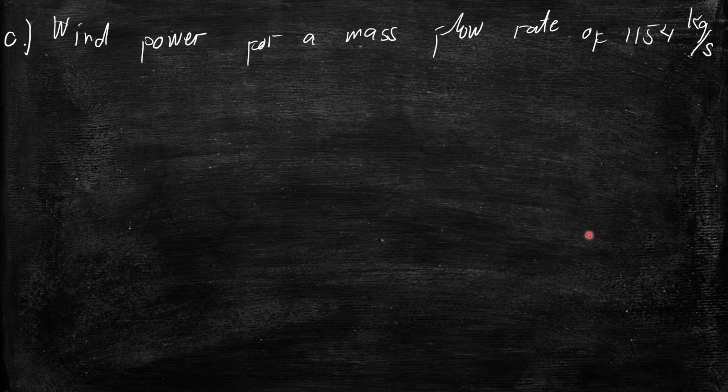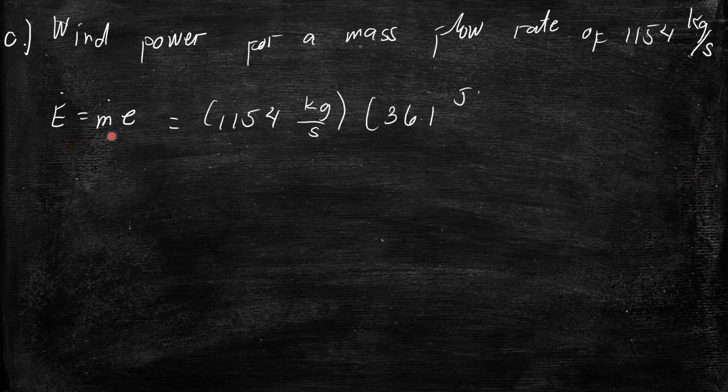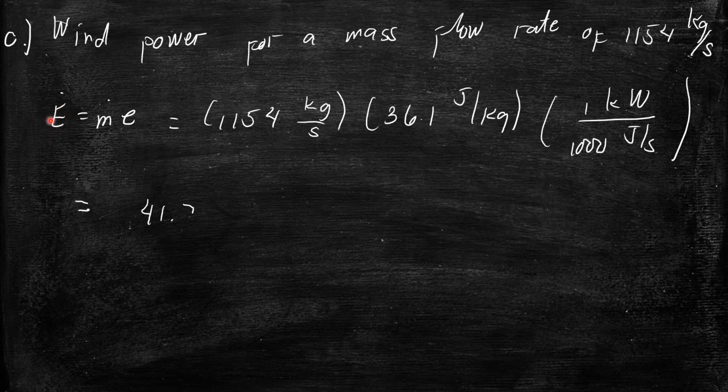For letter C, the wind power for a mass flow rate of 1,154 kilograms per second. So the formula is E dot is equal to m dot times e. So again, this is the energy flow rate, the mass flow rate, and the energy per unit mass. So we have the mass flow rate to be 1,154 kilograms per second, and our energy is 36.1 joule per kilogram.